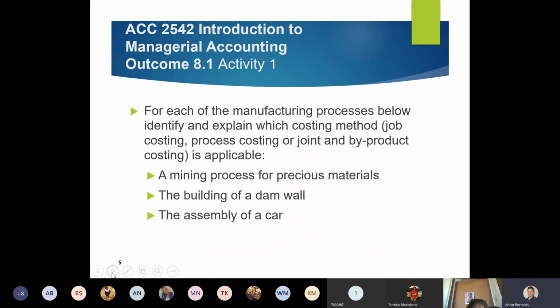Okay, then I spoke about the 3 different examples where you apply different costing methods. We spoke about mass manufacturing, process costing, joint and byproducts, and job order costing. For these 3 different ones, you've got a mining process, a dam wall, and assembly of a car.